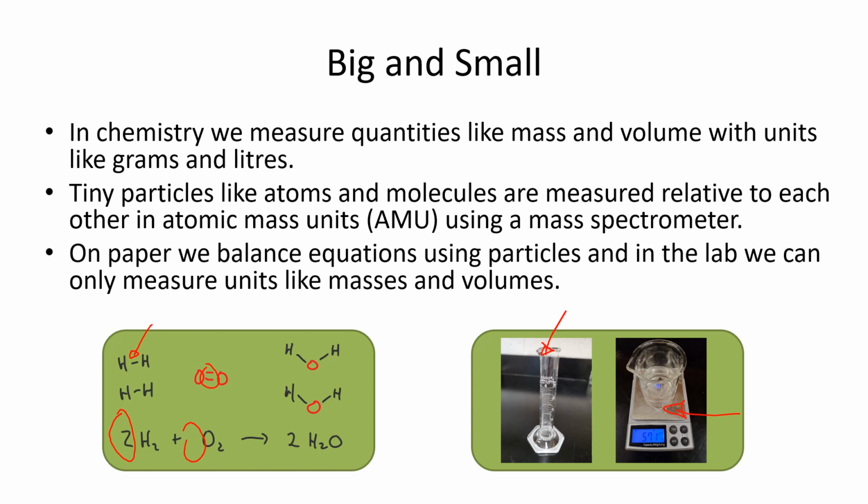So the mole is really important because it helps us to make a connection between these really tiny things, like the atoms in a compound that you can't see, or the proportions in a reaction that you can't really see as well, to something that you can measure, like volumes and masses.